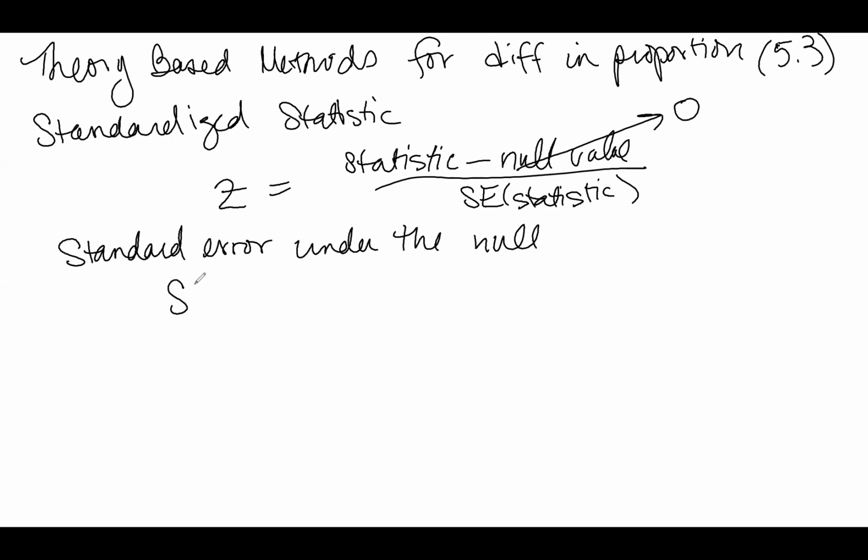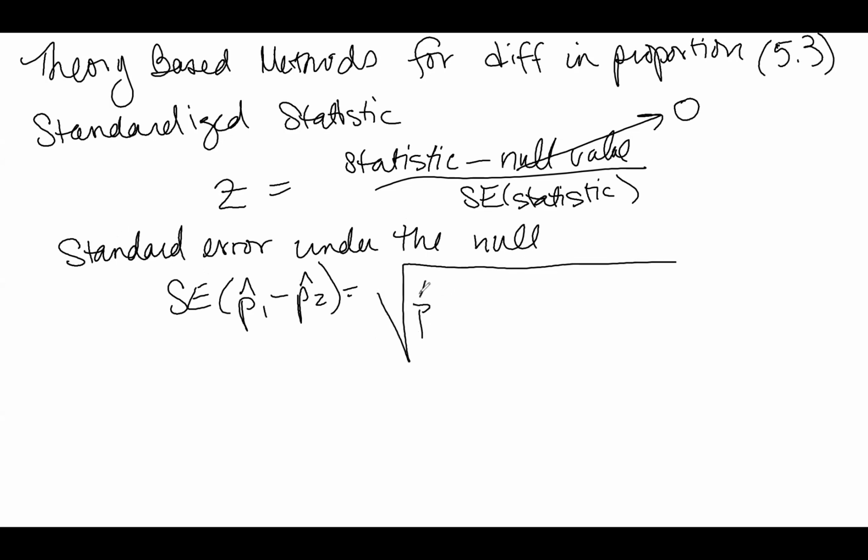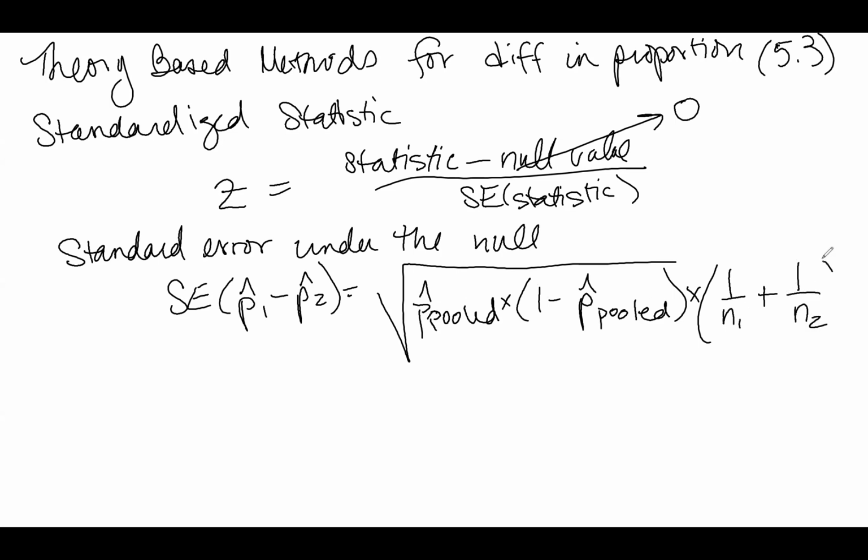So when we calculate that standard error for the difference in proportions, we're going to use a calculation using a p-hat pooled. And I'm going to talk about what that means in just a second, but it's the overall proportion of successes. So we're going to take p-hat pooled times 1 minus p-hat pooled times 1 over our sample size for group 1 and 1 over our sample size for group 2.